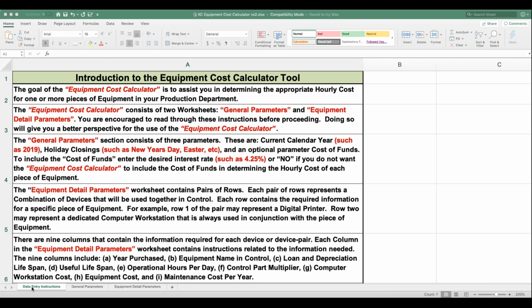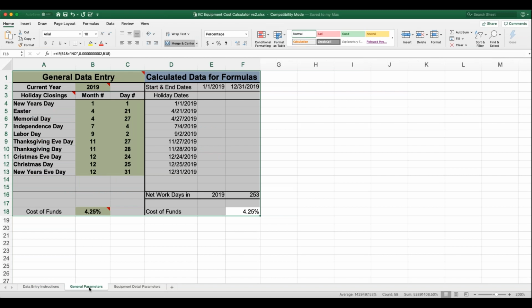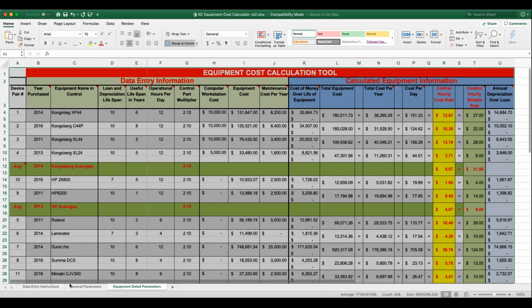They have 3 different worksheets. The first one is just the instructions on how to use it. The second page is where you would enter your general parameters, and I'll comment in more detail on these. And then the last page is the results, okay?